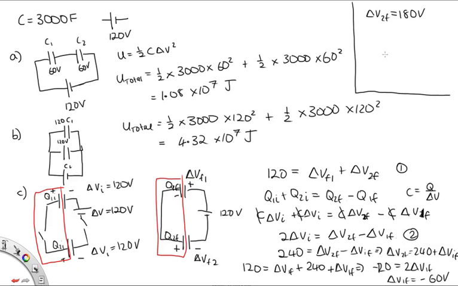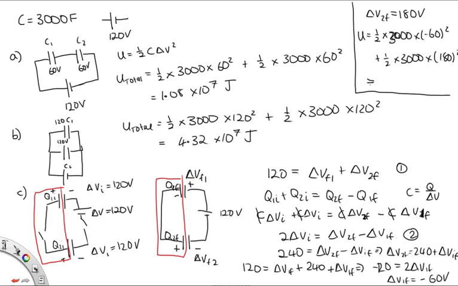And finally, the question asks us to calculate the total energy stored in both capacitors. So U is equal to a half CV squared, so let's just add it for the two capacitors. We've got a half C, which is 3000, that hasn't changed, times minus 60 squared plus a half times 3000 times 180 squared.